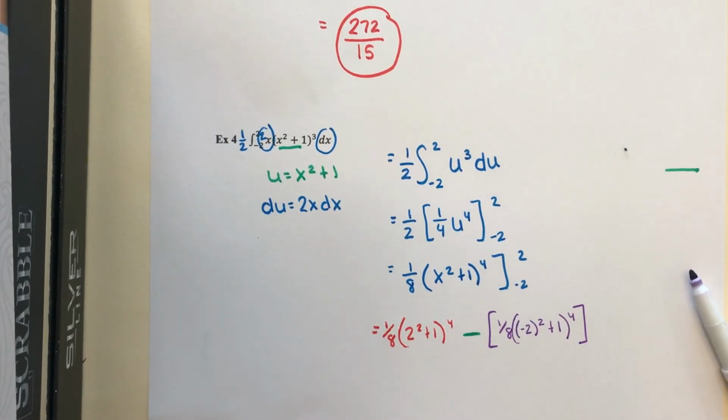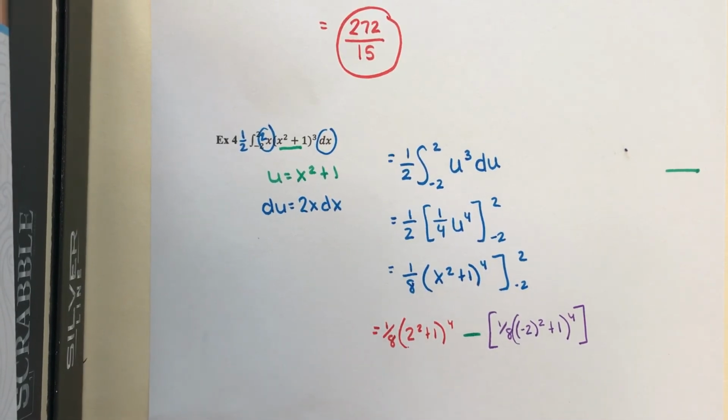Now we're going to solve. So 2 squared is 4 plus 1 is 5 to the 4th power divided by 8. So go ahead and pause it.